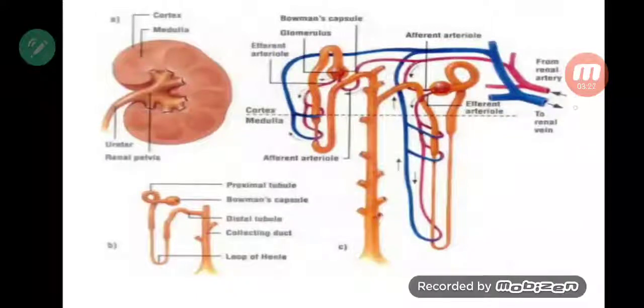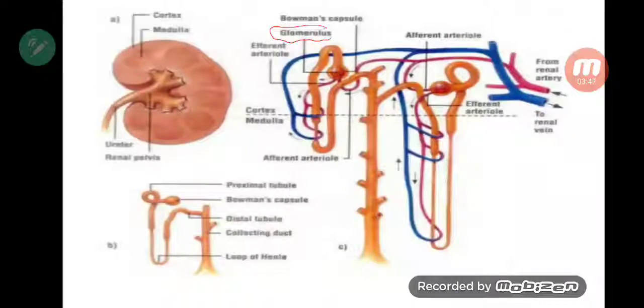The blood enters the kidney through the renal artery and passes through the glomerulus, then to the medulla through the efferent arteriole.